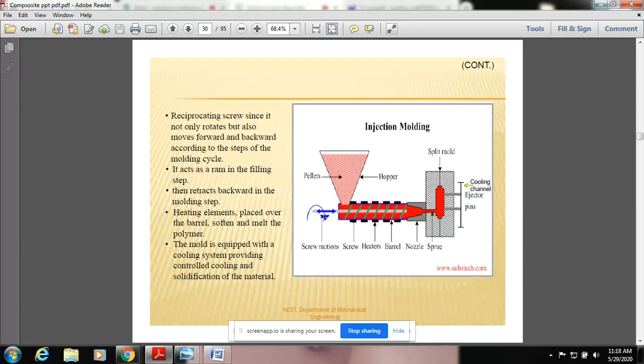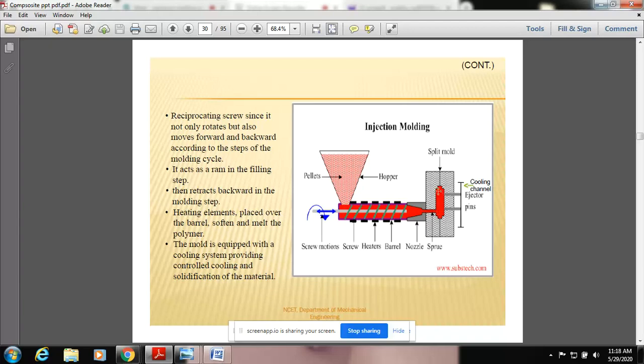As I told you, the screw requires horizontal motion and rotation motion. I also told you the function of the heater, the nozzle and the barrel. But there is one component here, the cooling channel. See, the red color we are seeing is the cavity filled with resin and fiber, which is at a high temperature because of the heater. If it is at a high temperature, it cannot be solidified.